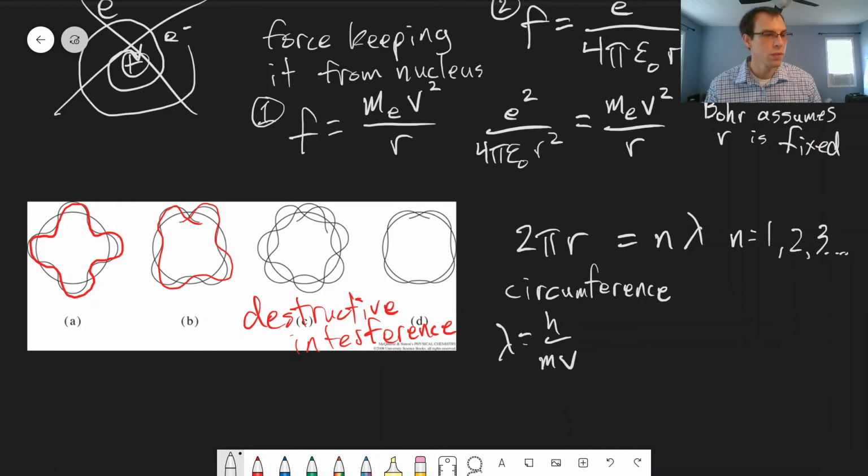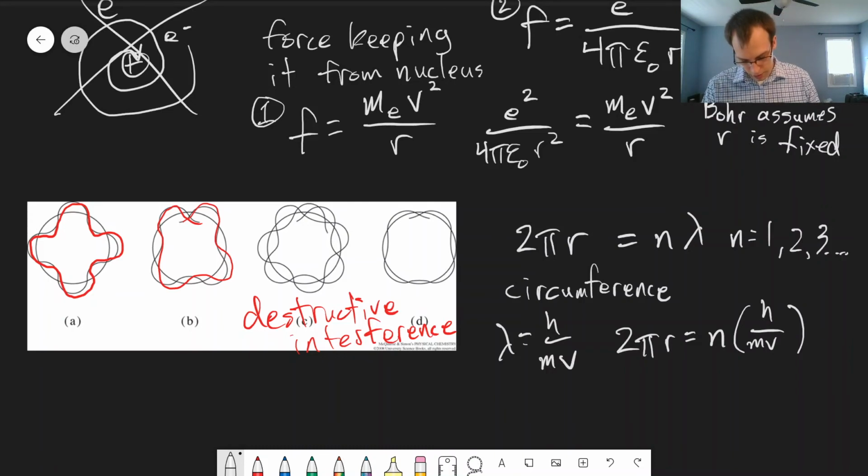We can plug this in. So 2 pi r is equal to n times h over mv. We can rearrange this and get that m_e v times r is equal to n h over 2 pi.